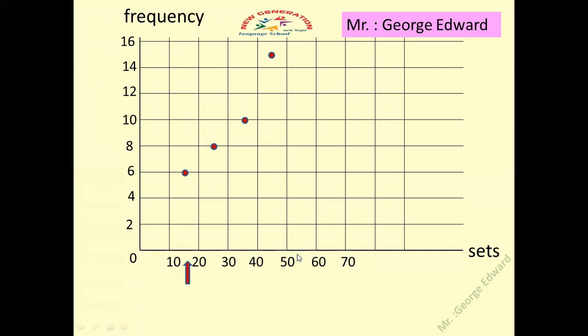The next set 50 to 60, center is 55 and the frequency is 10. The last one 60 to 70, the center here is 65 and the frequency is 9.